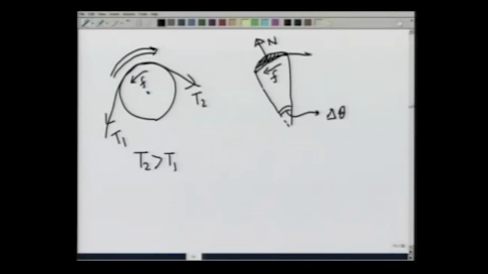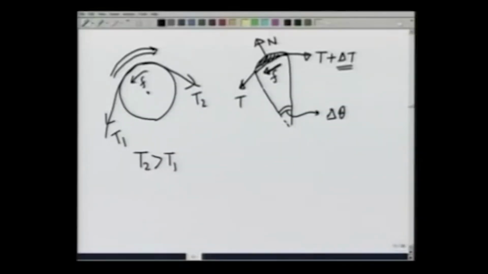The tension in this direction is T plus some delta T, whereas the tension pulling it back is T. Now, we want to relate what maximum possible value of delta T would still keep the rope from moving, and therefore, that will give me the maximum possible friction value. Now, you see, if I calculate the normal reaction, let me make this picture again.